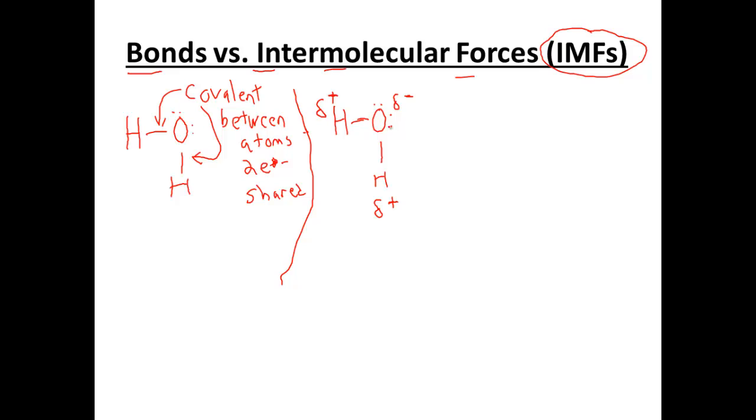So the negative electrons on this side are pulling a negative charge overall to this side and a little bit more of a positive to this side. So what's going to end up happening is the positive of one and the negative of another.